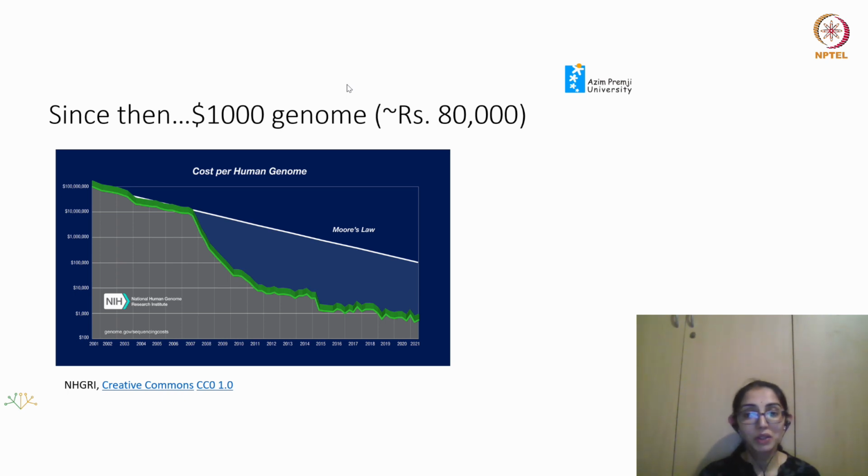So this is already a huge leap in terms of how much we can do. It took us 13 years for one genome, and now we can do this in a matter of a day. So you can imagine how much the Human Genome Project has changed the landscape of science, but specifically human genetics.